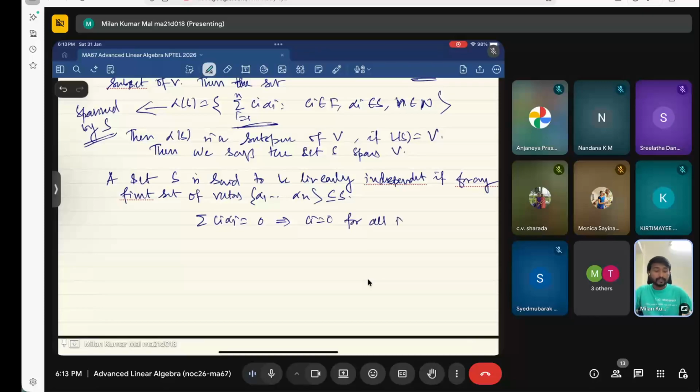Basically, one cannot be written in terms of the others. Linearly independent means that one cannot depend on another.